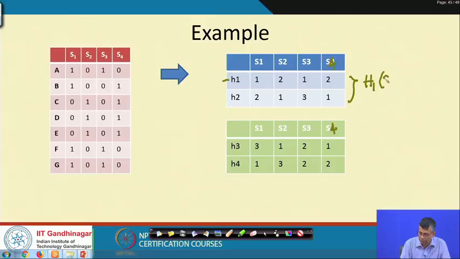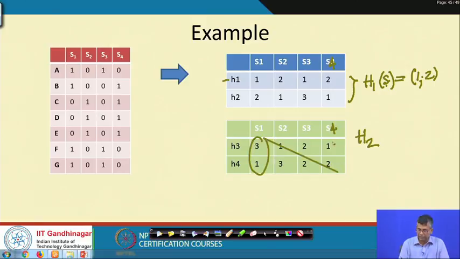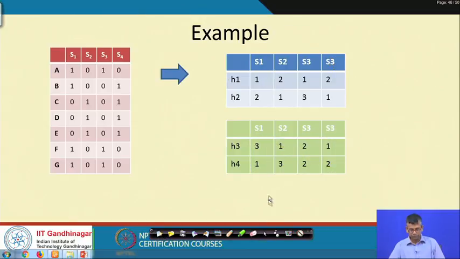So, capital H1 of S1 would be equal to the tuple 1, 2. Then capital H1 of S2 would be the tuple 2, 1, and then we would build a table out of this. The next table would be capital H2, which is built out of yet another two independent hash functions H3 and H4. So, S1 is mapped to this tuple, S4 is mapped to this tuple, and so on. Okay. So, that is what we will do.